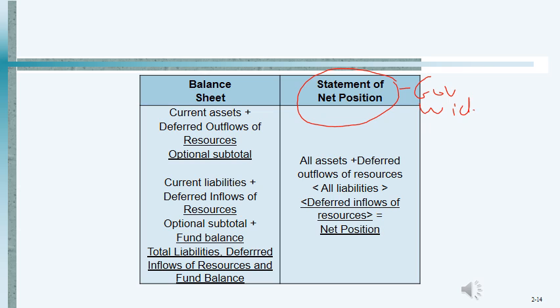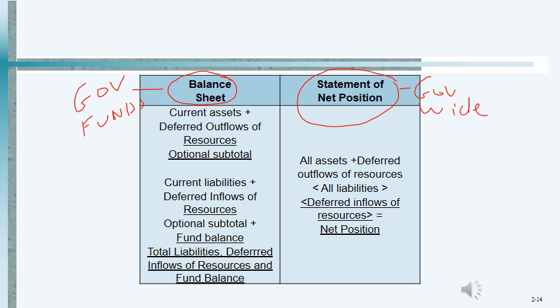And then we have our balance sheet over here, which is what we call our balance sheet at the governmental fund level. This is just our governmental funds, not our fiduciary funds and not our proprietary funds. The only reason we're providing both of them here is for comparison purposes.